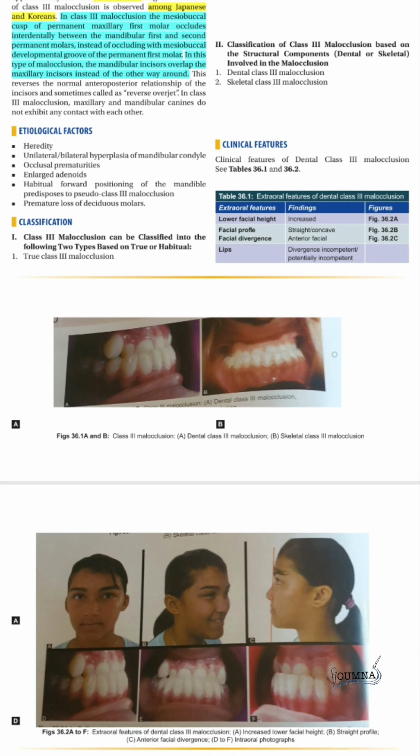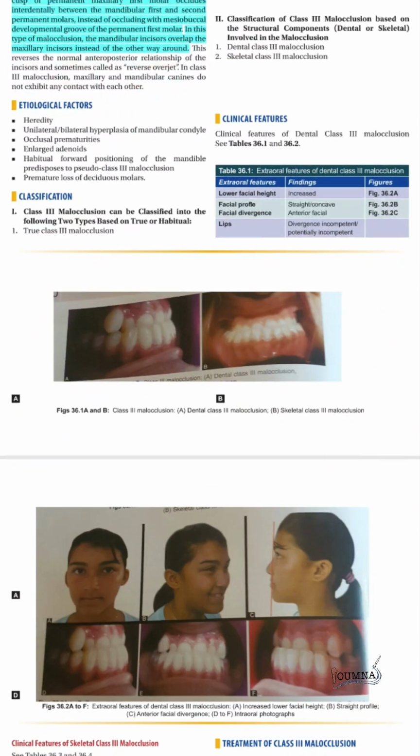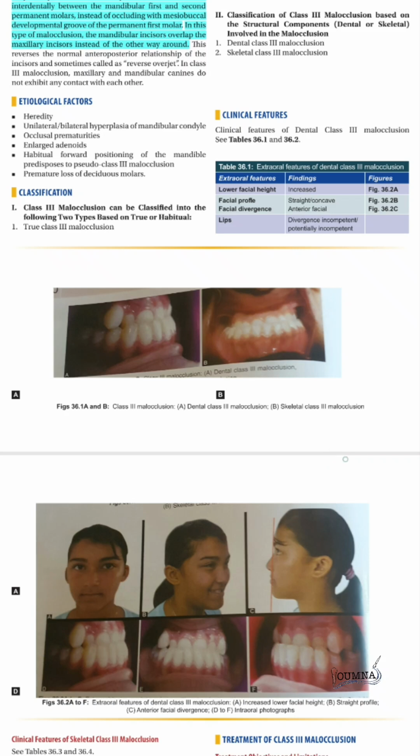We know the classification of class 3 malocclusion is that it is dentoalveolar, or skeletal, or a pseudo class 3 malocclusion, where we have occlusal prematurities that must be removed to maintain the normal development of the mandibular arch.